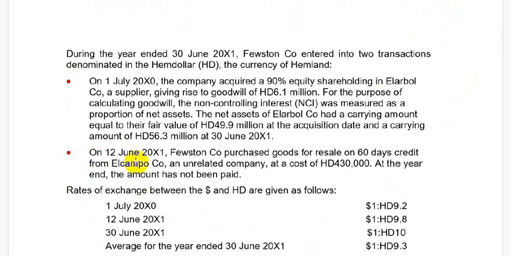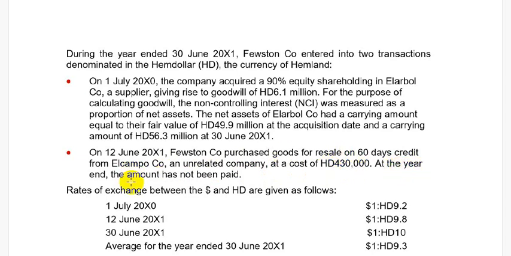On 12th June 20X1, within our reporting year, FCO purchased goods for resale on 60 days credit from ECO, an unrelated company, at a cost of 430,000 HD.